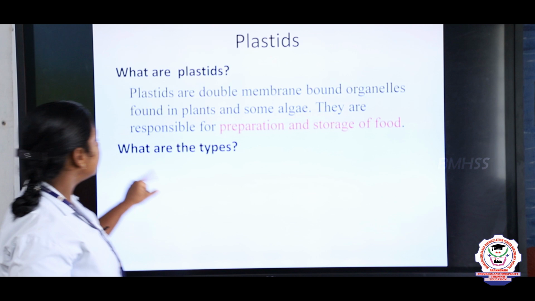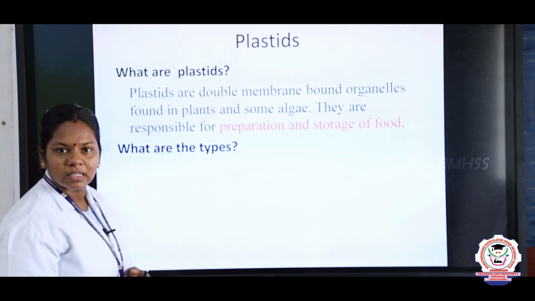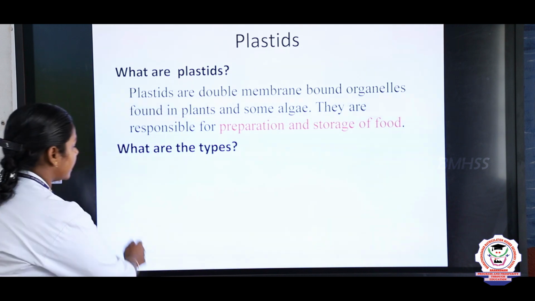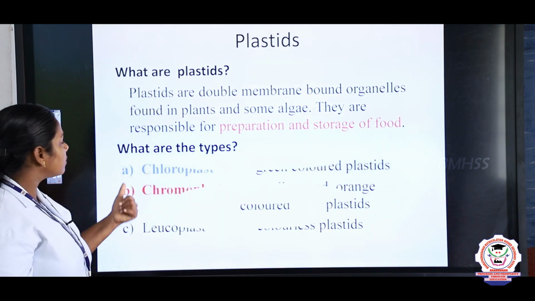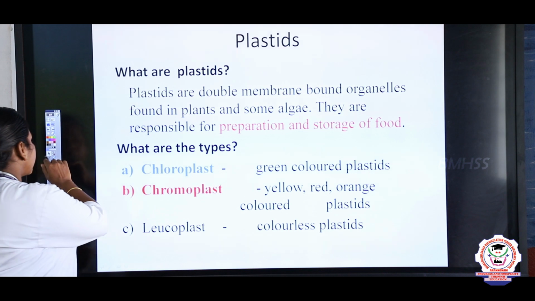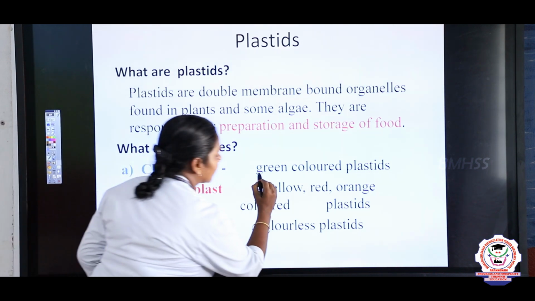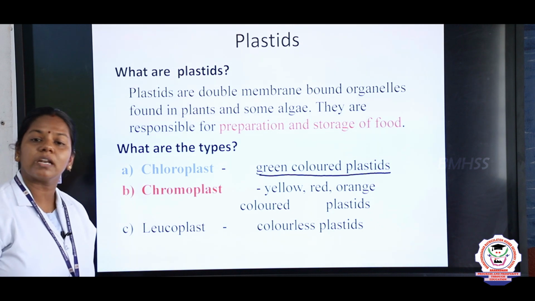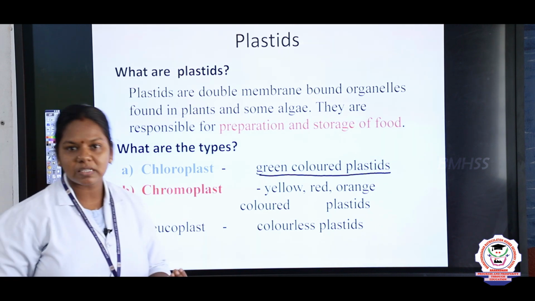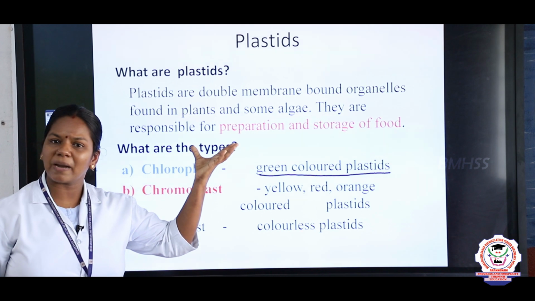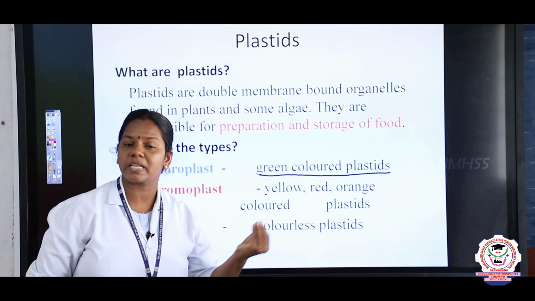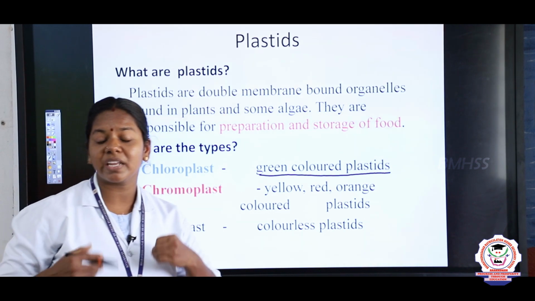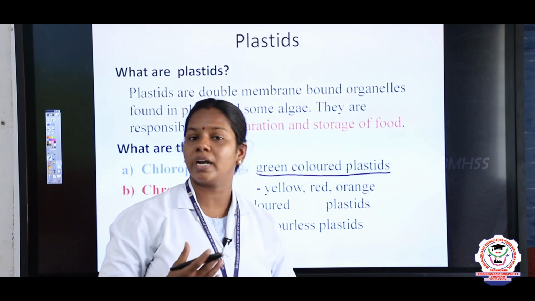Now, based on their color, the plastids are divisible into three categories. Let us see the first one, the green color plastids, which we call chloroplast. In almost all the green parts of the plant, many plants are green in color, right? That is due to the presence of chlorophyll. And some ornamental plants are in very attractive colors such as orange, red or yellow.